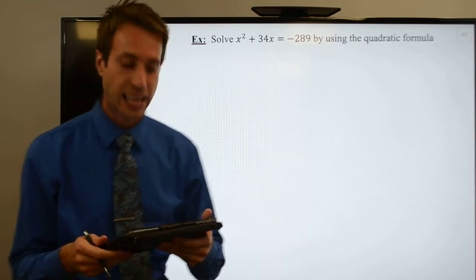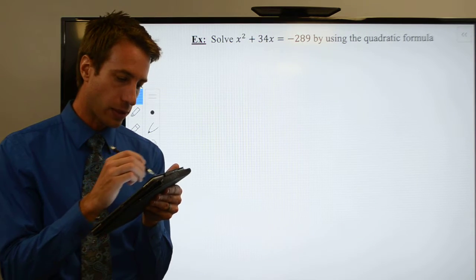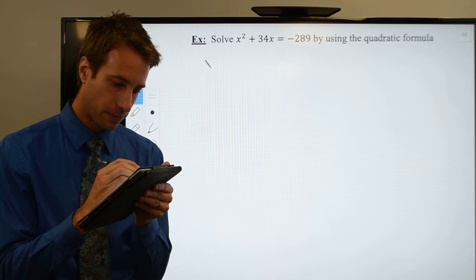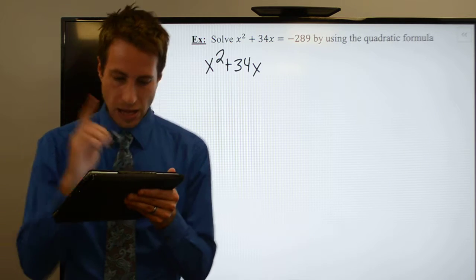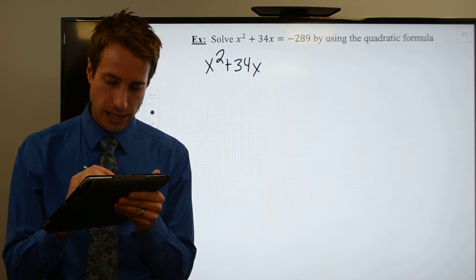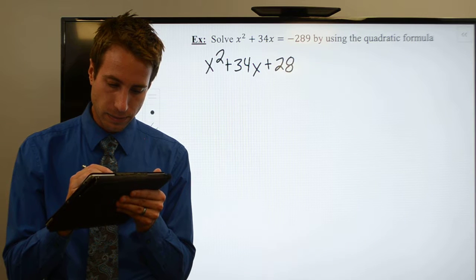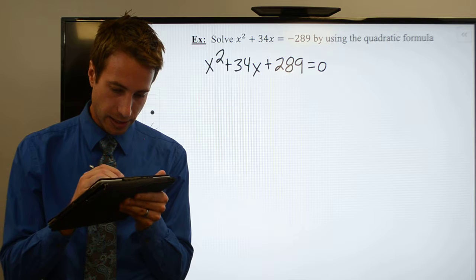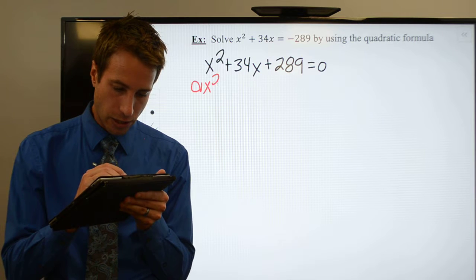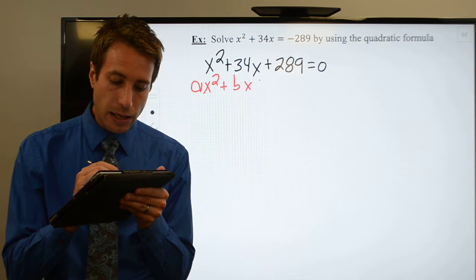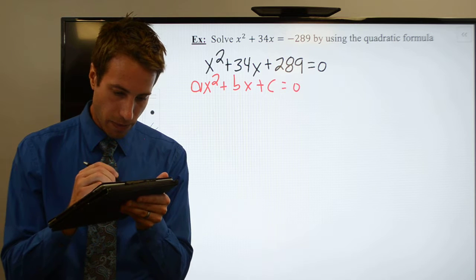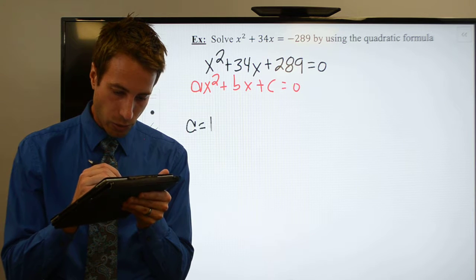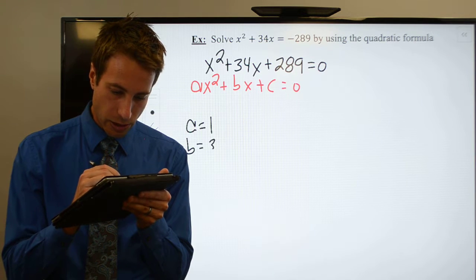I need this guy in standard form, and it is not. So let's rewrite it. Add the 289 to the other side. Now it's in standard form. Ax squared plus bx plus c is equal to 0. My a is equal to 1. My b is 34.